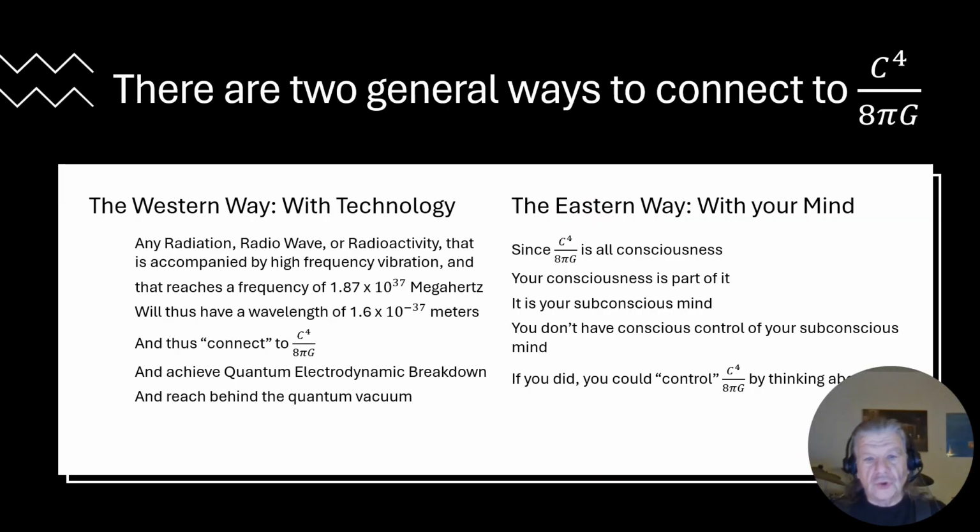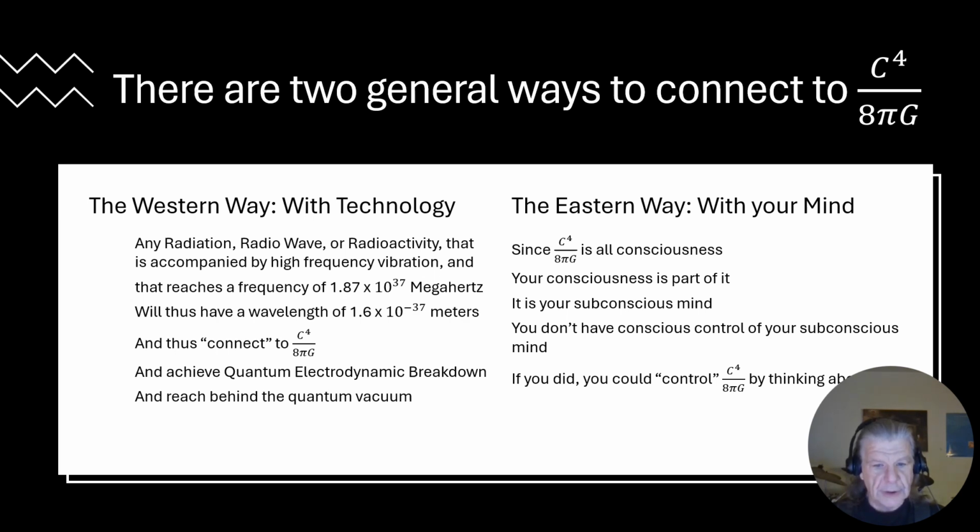There are two general ways to connect to c to the fourth over 8 pi G, whatever you want to call it. The Western way is with machines. Something that has a wavelength of 1.6 times 10 to the minus 37 meters will have the wavelength of the Planck length.